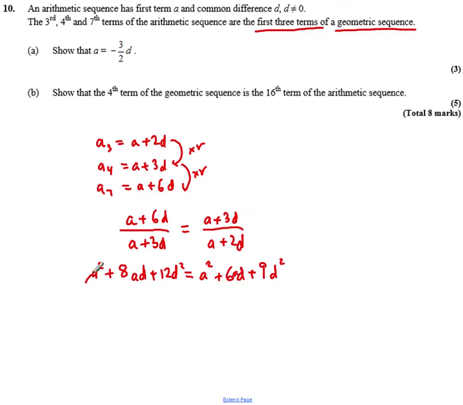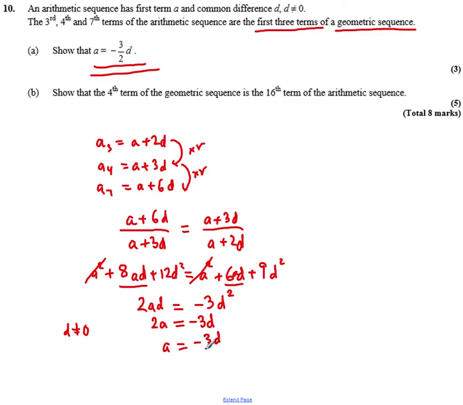Anything that goes away, well, we have a squared and a squared on both sides, and then we want an expression for a in terms of d. So let's get everything with an a on one side. We get 8ad minus 6ad is 2ad, and on the other side we get minus 3d squared. d is not equal to 0, which means we can divide by it, so 2a is equal to minus 3d, and therefore a is minus 3d over 2.